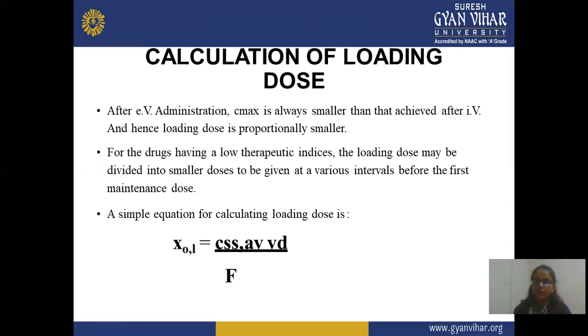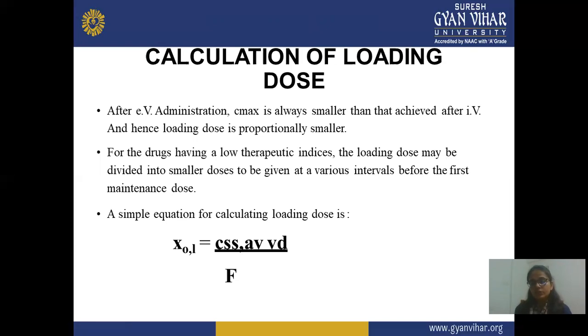For a drug having a low therapeutic index, the loading dose may be divided into small doses given at various intervals before the first maintenance dose. Suppose you require a low therapeutic response.